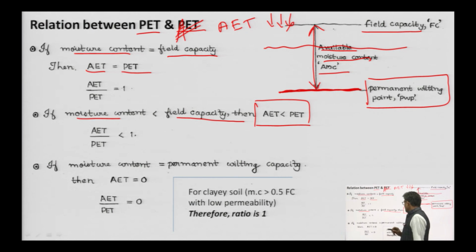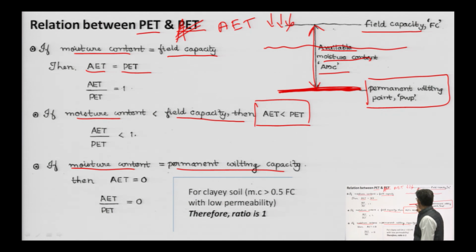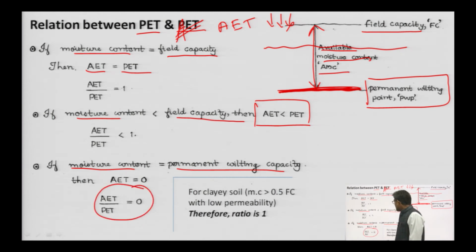And if the moisture content is equal to the permanent wilting point, then actual evapotranspiration will be 0, because there is no moisture, so the ratio will be 0. If the moisture content is less than field capacity, the ratio is less than 1.